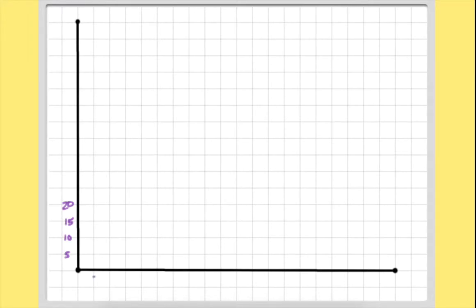So I'm just going to give a quick sketch of this. Got a y-intercept right about there and a slope of 1. Oops, gotta use a solid line because it's greater than or equal to.